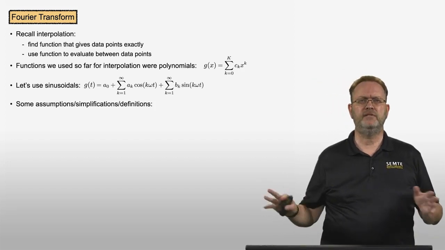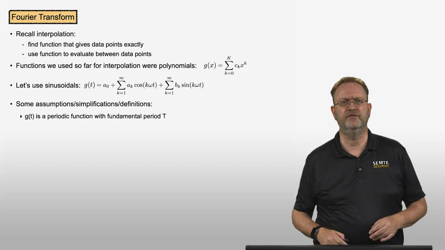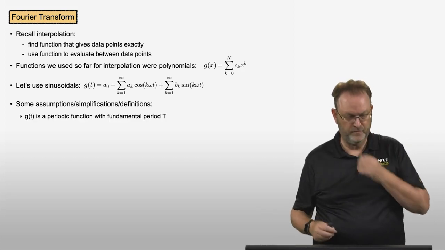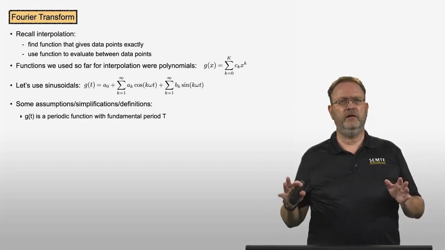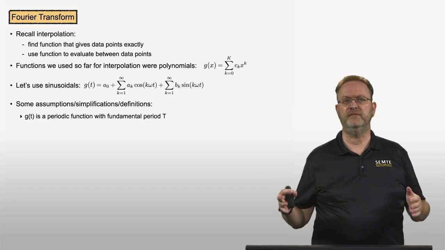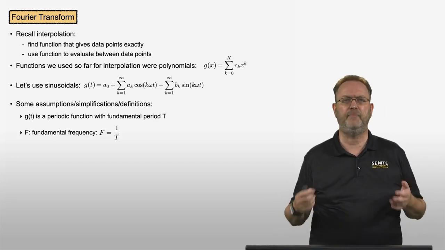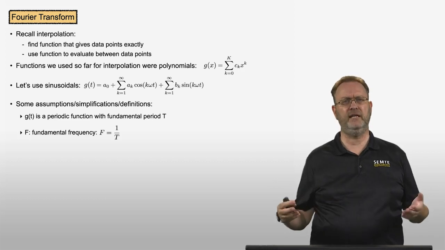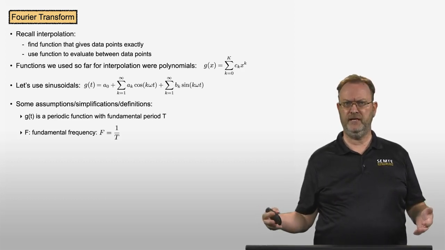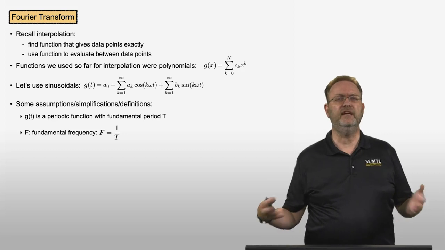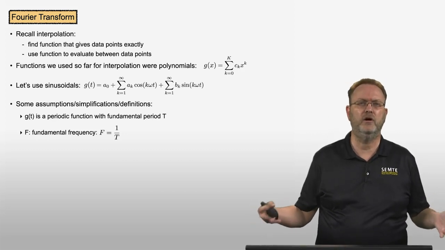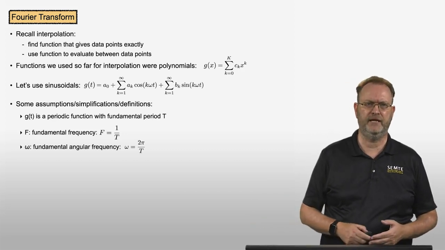Now let's do some assumptions and simplifications and introduce some definitions. I'm going to assume that g of t is a periodic function with a fundamental period uppercase T, which means that the fundamental frequency, uppercase F, is just the reciprocal of the fundamental period.